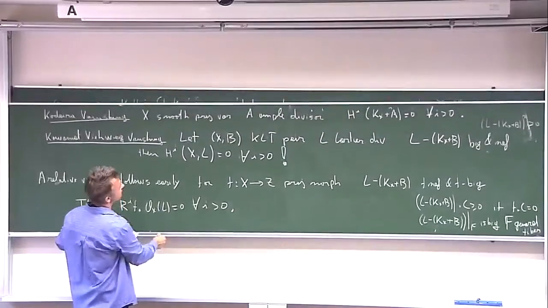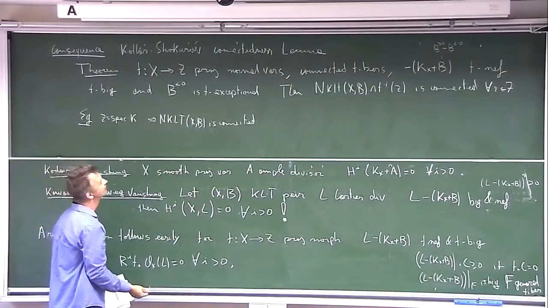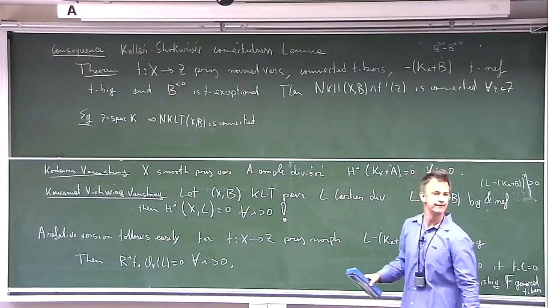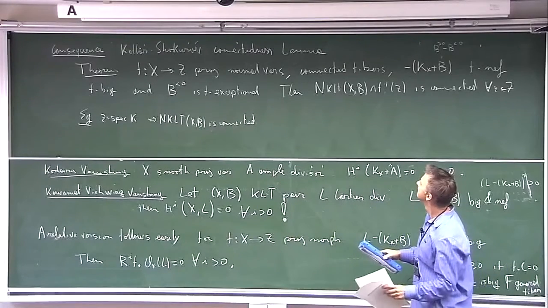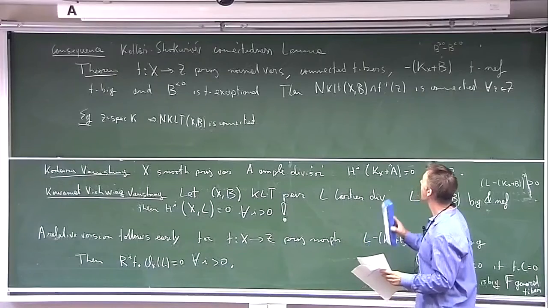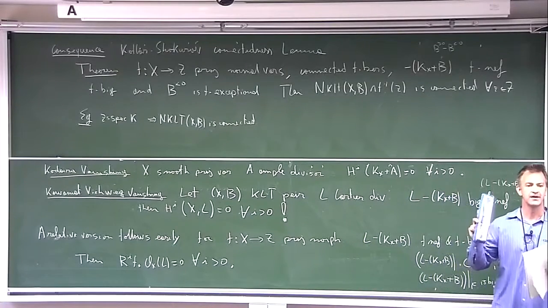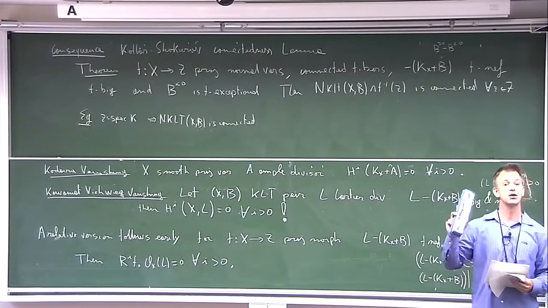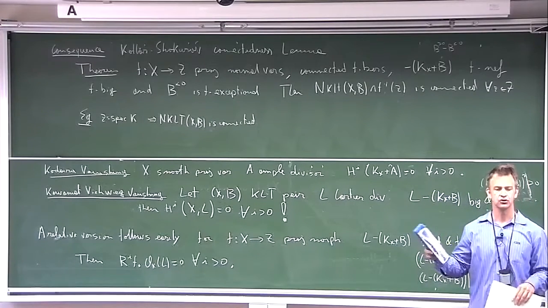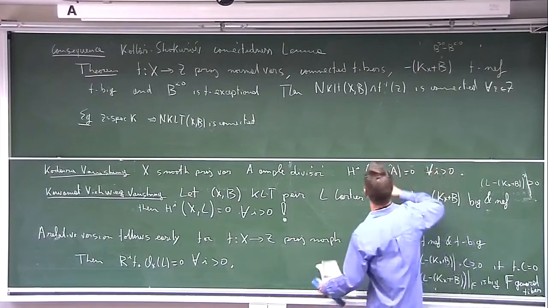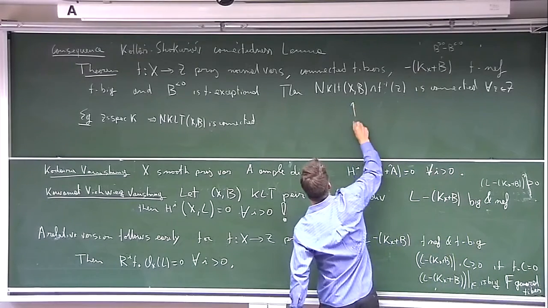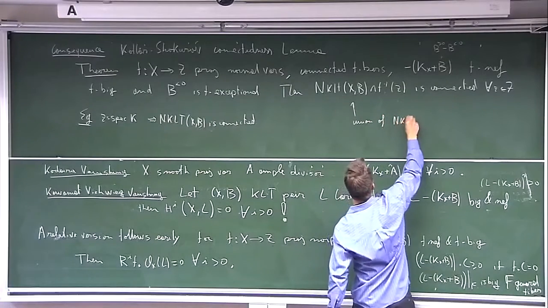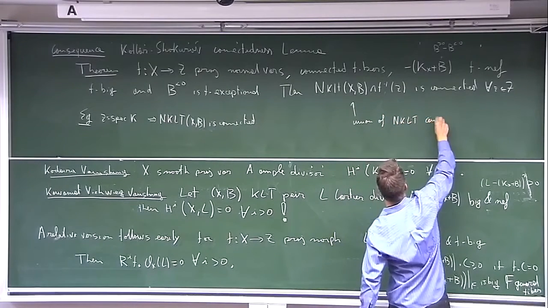So any questions about the statement? Anything that's confusing about the statement? I think you didn't define the NKLT. I did, but let me repeat it. NKLT is the non-KLT locus. It's the union of non-KLT centers.